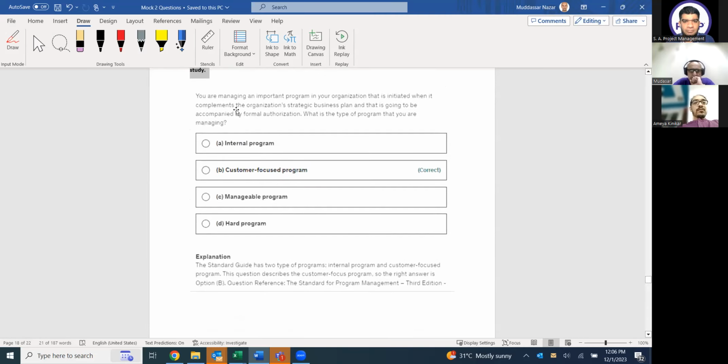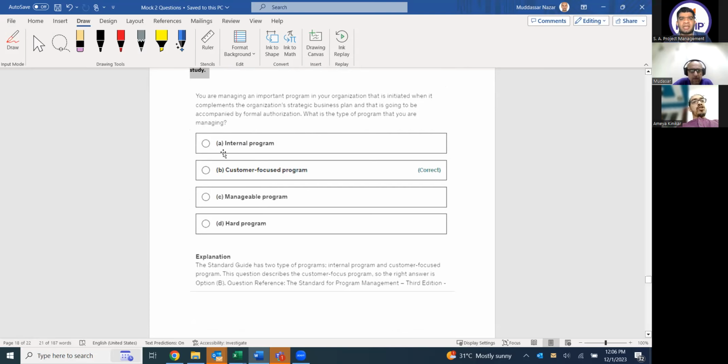So next is, you're managing an important program in your organization that is initiated when it complements the organization strategy, business plan, and that is going to be accompanied by formal authorization. What is the type of program that you are managing? I selected internal.